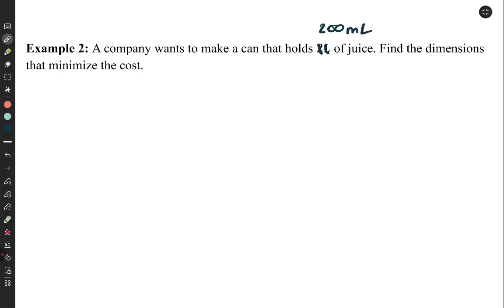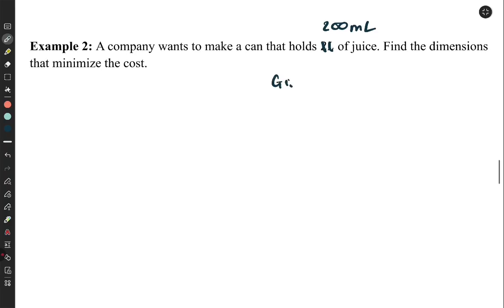Find the dimensions that meet the minimum cost. Okay, let's start by framing this problem. Start with the drawing, label what's given, and what would be the question.